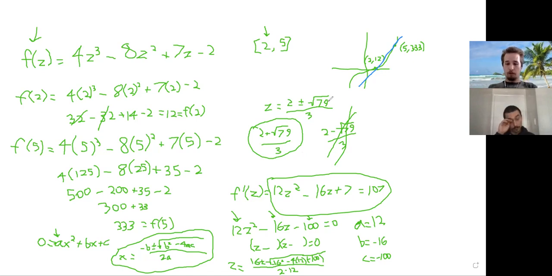Okay, so those were my examples for MVT, and I was going to do a quick example for extreme value theorem, EVT. You guys have any questions on that one? Quadratic formula is just something that if you want to solve a couple of these, you're going to have to memorize, but I wouldn't put a priority on it if you don't know it.